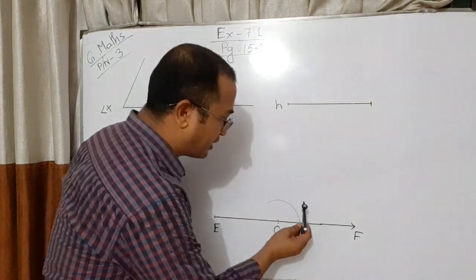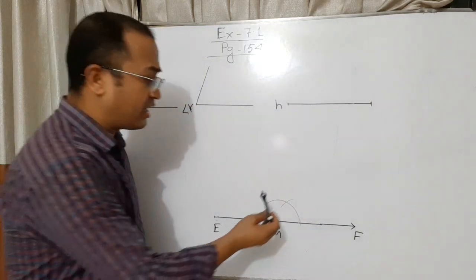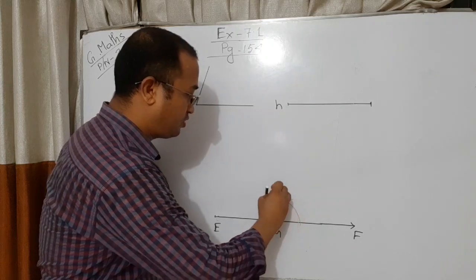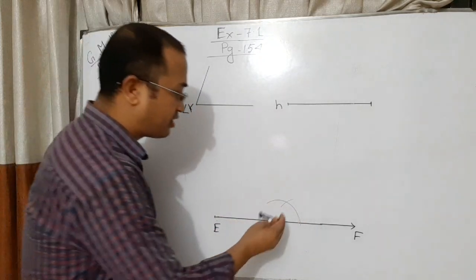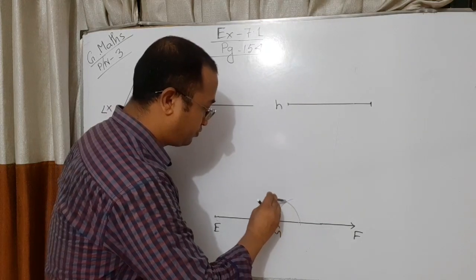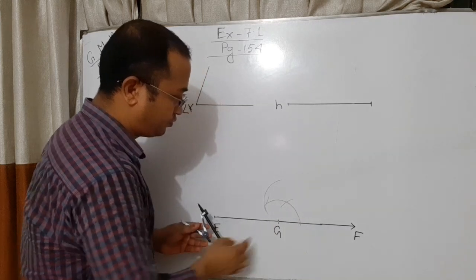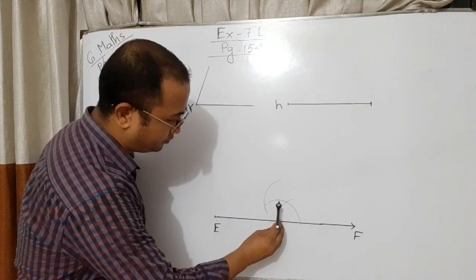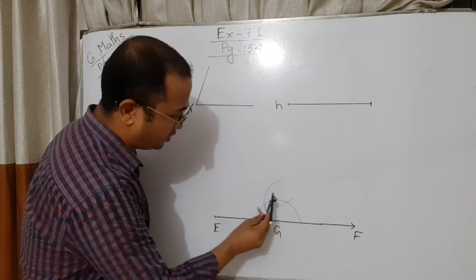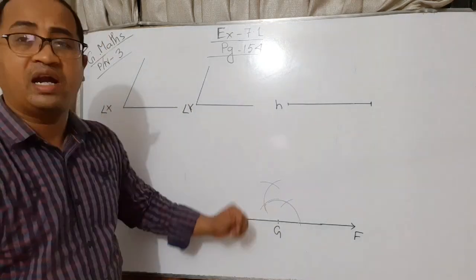Now with center at this point and the same radius, we draw another two arcs, and with center at this point, we draw another arc. Now with center at this, we draw another arc.